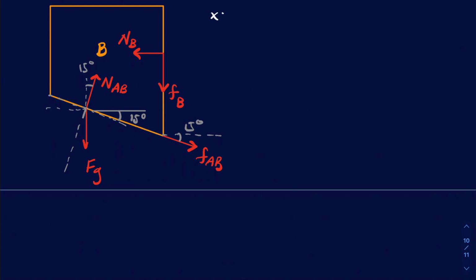So in the x direction, we have positive FAB, so FAB times cosine of 15. Then we also have positive NAB times sine of 15. And then in the negative x direction, we have NB.